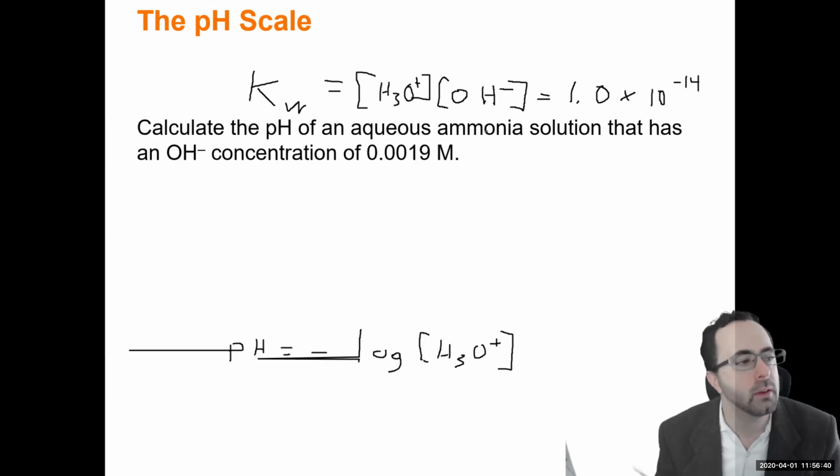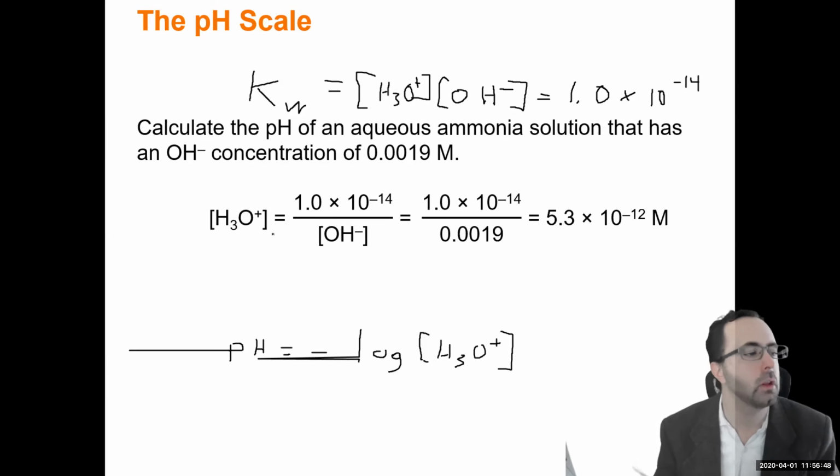So if we divide both sides and solve this for the hydronium concentration, we get hydronium concentration is 1 times 10 to the minus 14 divided by hydroxide concentration. So we can now put these in. We put 1 times 10 to the minus 14 in, that's Kw. We put the hydroxide concentration, 0.0019. And now we have to calculate it.